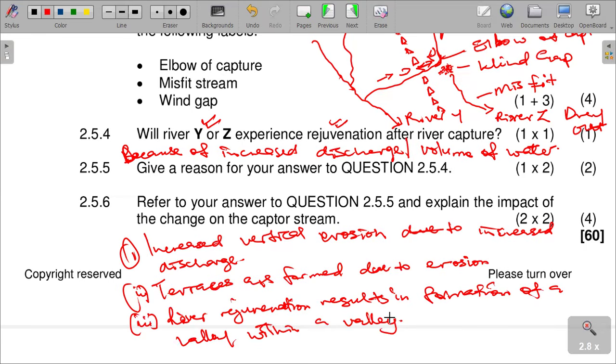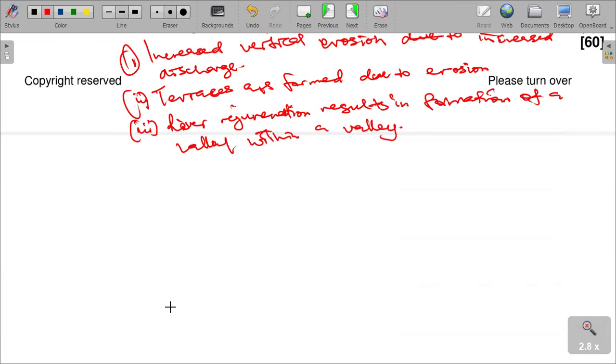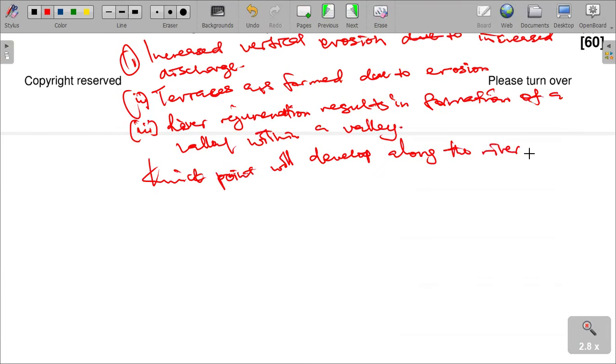As to say, the increase in river energy will cause erosion to take place within the same river. And then we can also have a nick point develop along the profile of the river channel. A nick point will develop along the river channel, where the headwaters are now converted into the more energetic stream also there.